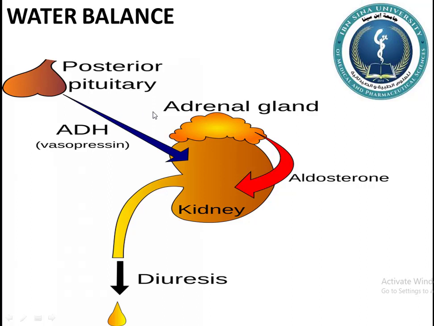The antidiuretic hormone affects the kidney to decrease diuresis in cases of decreased water content and decreased blood pressure. This pituitary hormone, the antidiuretic hormone, acts on the distal convoluted tubule and the collecting duct to increase the absorption of water from the filtrate, and it also affects the sodium concentration.